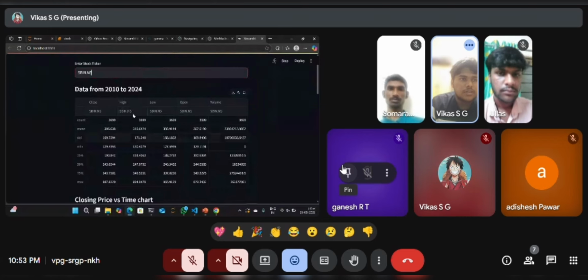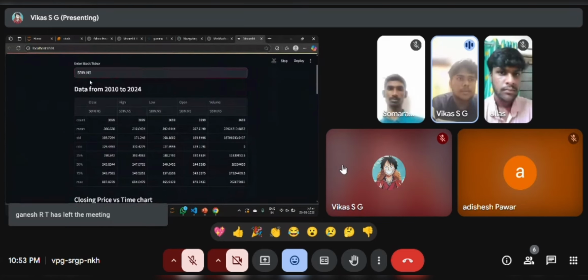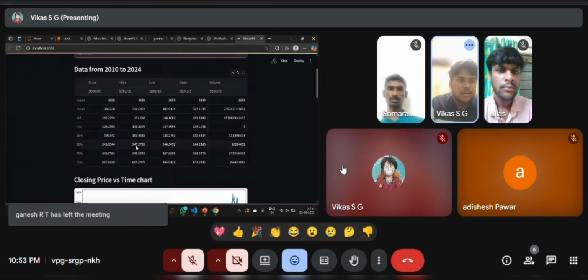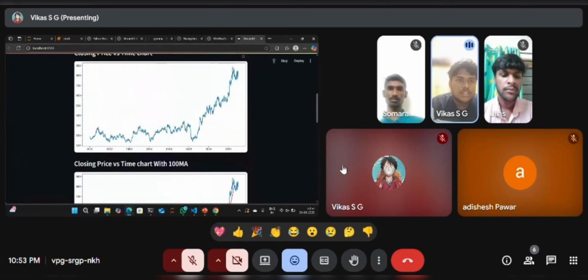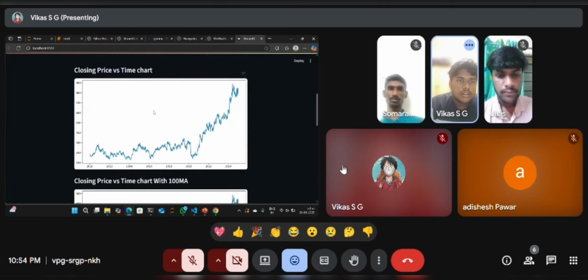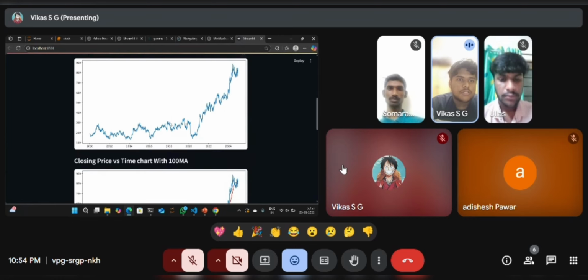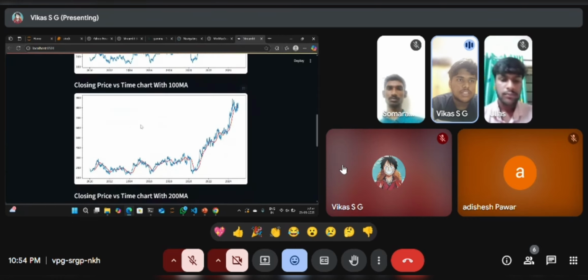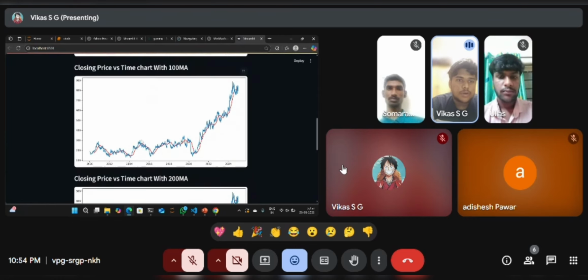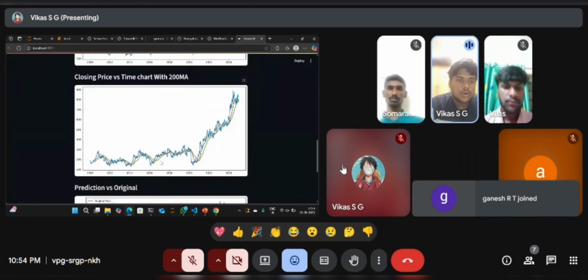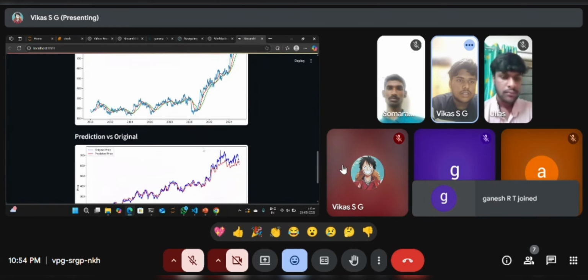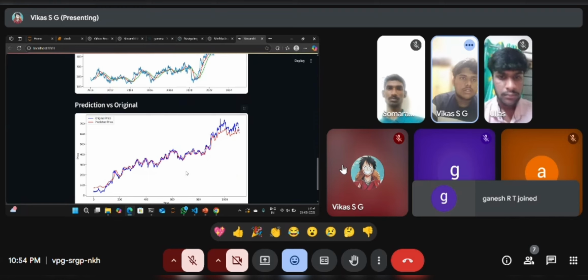The price is changed. Here is the SBI price, not the same graph; the real graph is here. They also show the SBI graph of close price and time, close price and time with 100-day moving average, and also 200-day and 100-day moving average, and prediction and original.